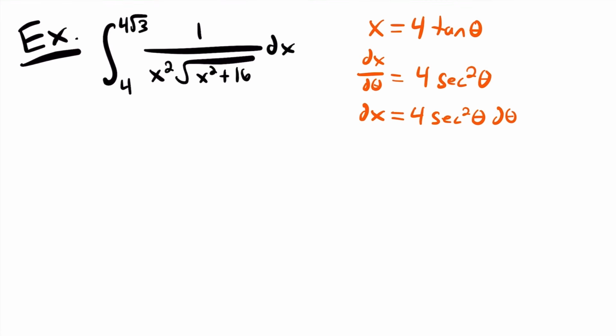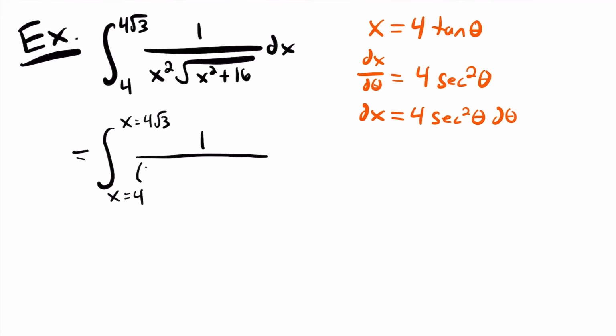All right, and so now let's use what we have here to rewrite our integrand and dx in terms of theta. So we will have that this is equal to the integral. And remember that these bounds of integration are values of x. So I'm going to write x is equal to 4 times the square root of 3, and x is equal to 4 for our bounds. And then if we rewrite the inside of our integral, we'll have 1 divided by x squared, where x is equal to 4 times tangent theta.